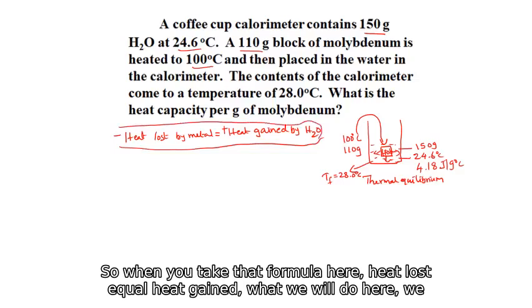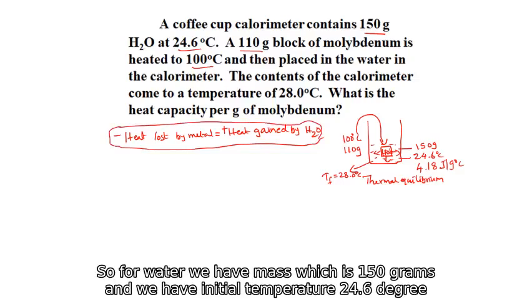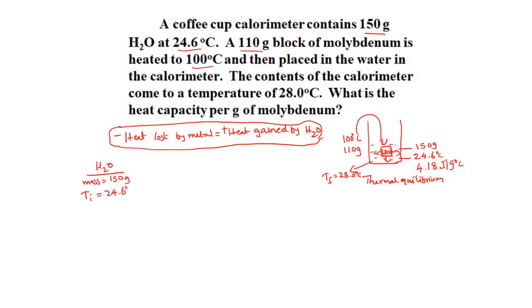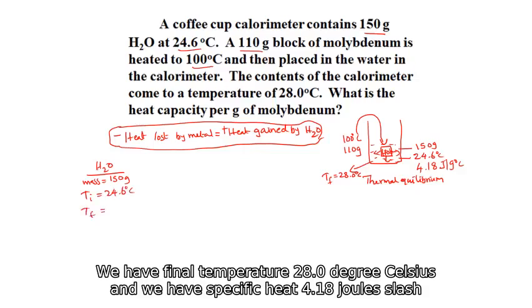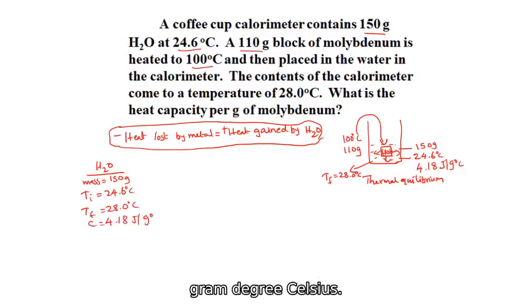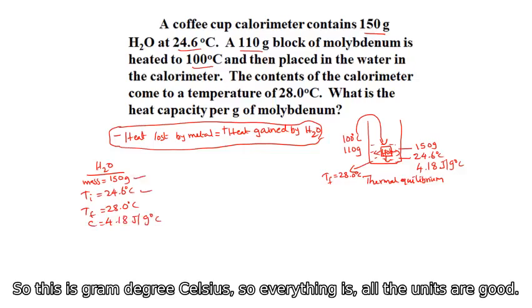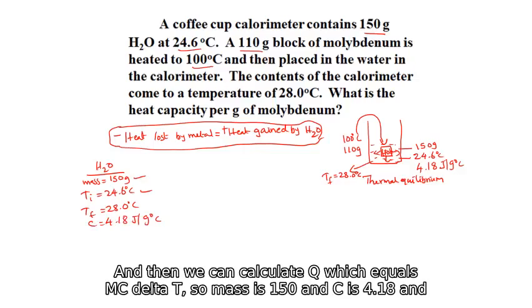What we will do here is look at the numbers now. For water, we have mass 150 grams, initial temperature 24.6 degrees Celsius, final temperature 28.0 degrees Celsius, and specific heat 4.18 joules/gram degree Celsius. So all the units are good. Then we can calculate Q, which equals mcΔT.